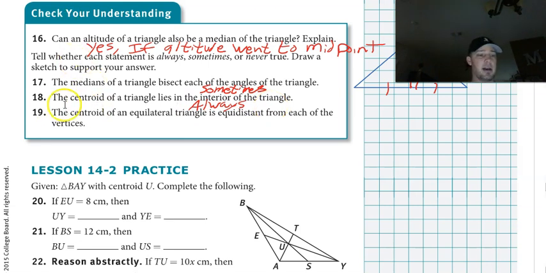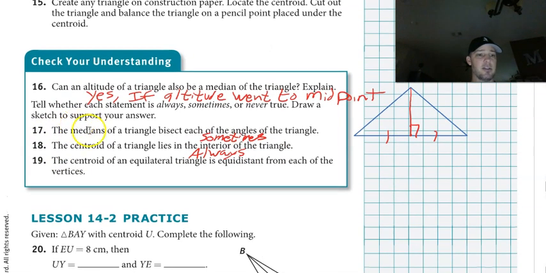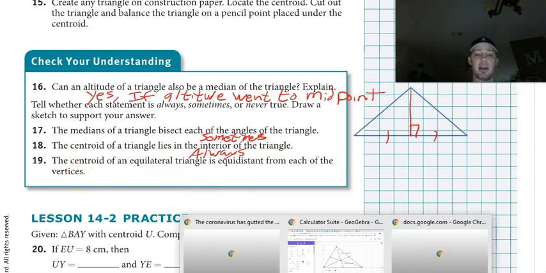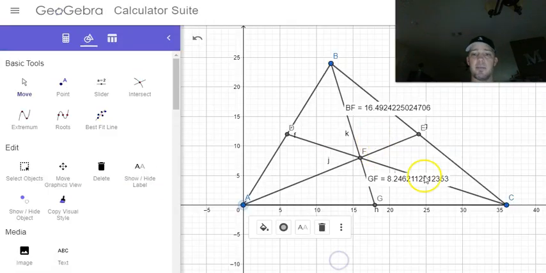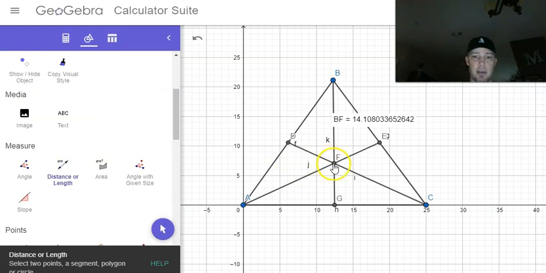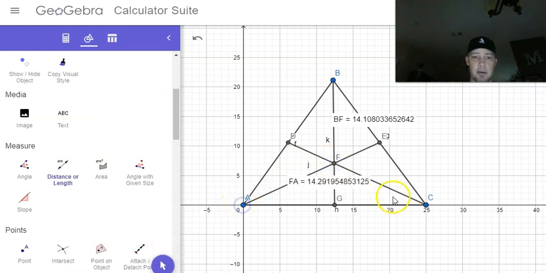What about 19? The centroid of an equilateral triangle is equidistant from each of the three vertices. Okay, so an equilateral triangle. Let's see if we can create something that looks close to an equilateral triangle and look at the distances here. So from here to here, and from here to here. It looks like they're actually pretty close right now.